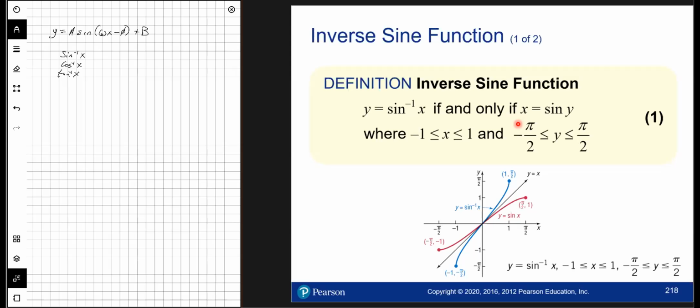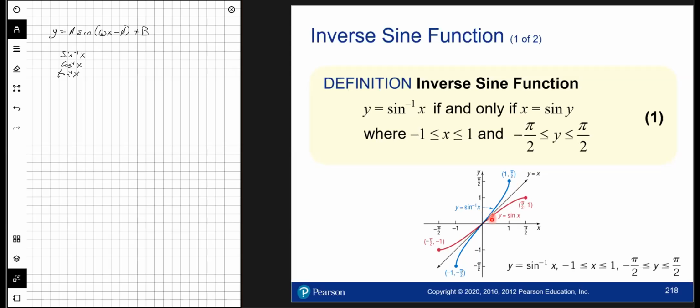And the graph in red down here is the sine, but in the blue it's the inverse. Notice that they're symmetric across the y equals x line. So this point and this point, you flip the x and the y, you get the other point. And that happens all the way down.